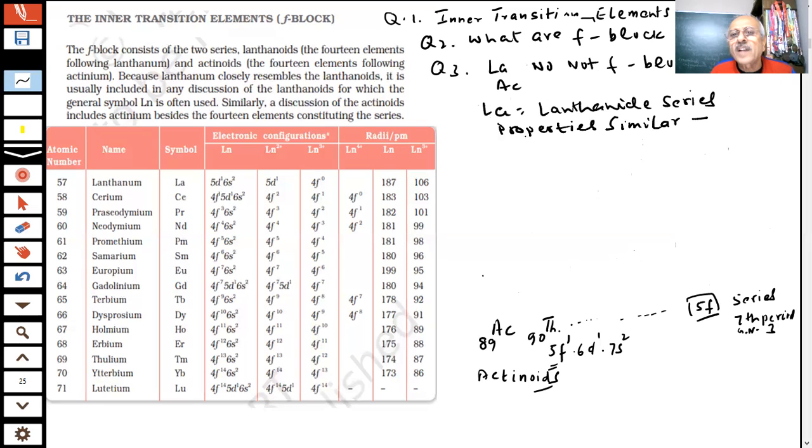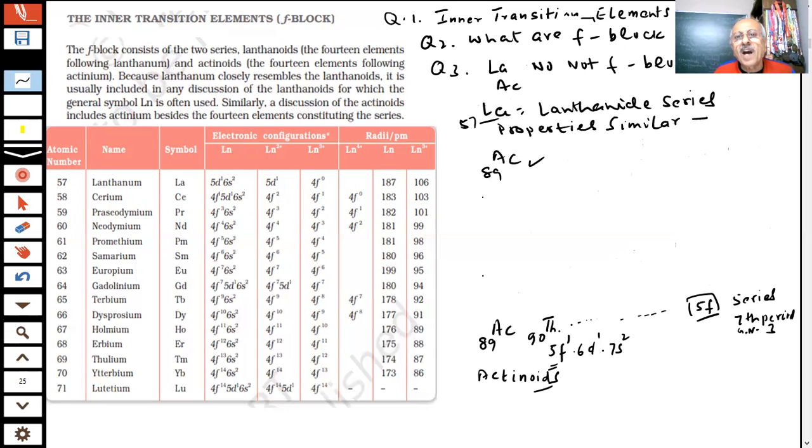So much so that the name has also been put according to this. The lanthanide series is derived from lanthanum. So is the case with actinium. Students, actinium is 89 and lanthanum is 57. Actinium resembles the actinide series in its properties, and that is why even the name has been given as actinide series.